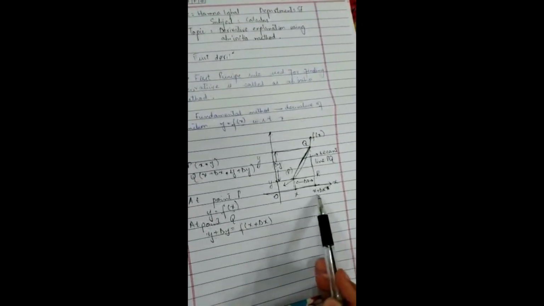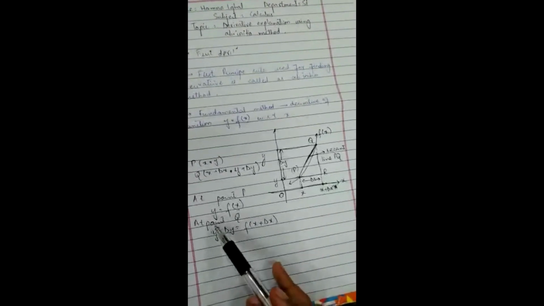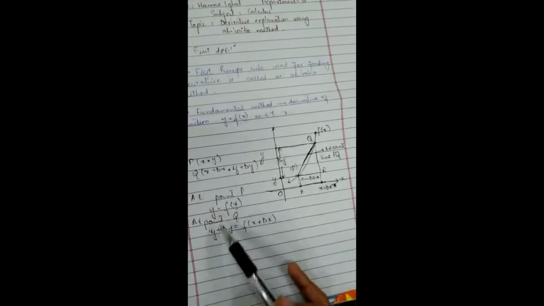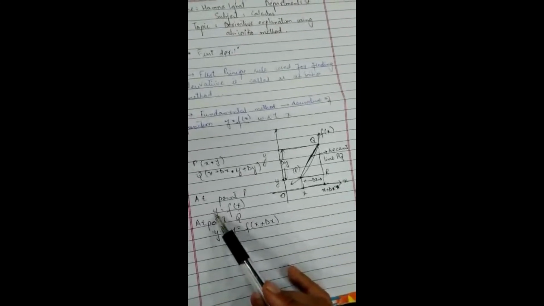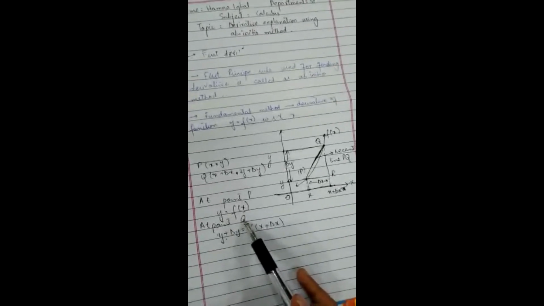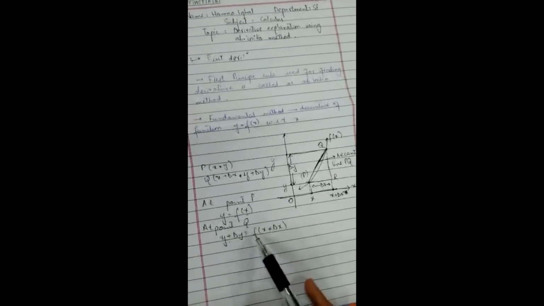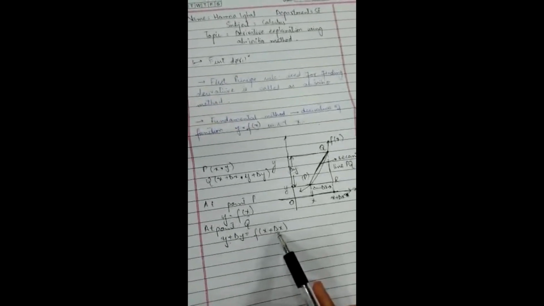Firstly it was x, and then by increment it becomes x plus del x. At point P it was y equals f of x, but at point Q after a small increment, y becomes y plus del y and x becomes x plus del x.